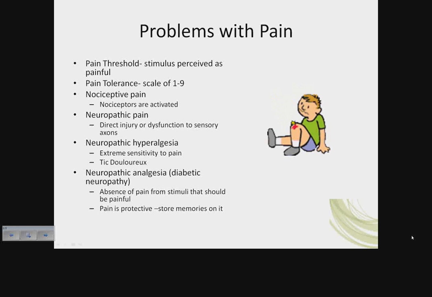And I was telling you about new shoes with different pressure points. The person is not aware of them, and therefore the blisters turn into ulcers, and they are poor for healing. There isn't adequate blood flow. So neuropathy that leads to inappropriate analgesia is not okay. That's the opposite of being hypersensitive to pain.